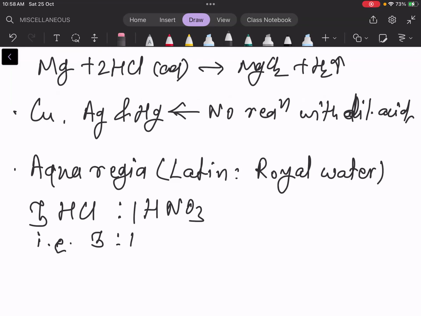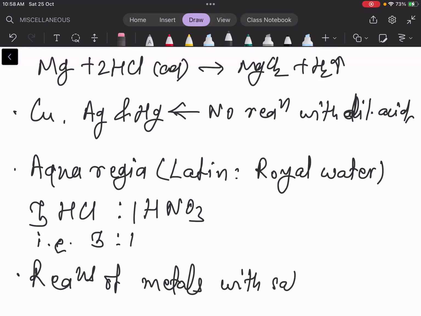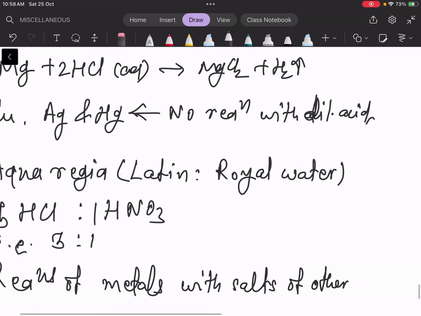Reactions of metals with salts of other metals.